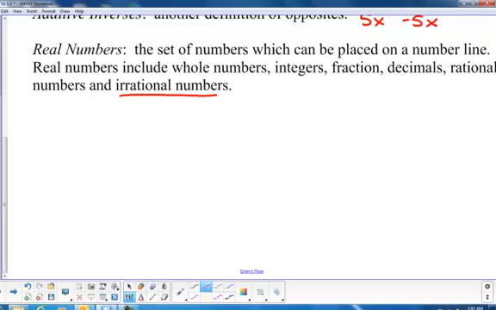We'll start with irrational numbers. An irrational number is a decimal that never stops, that never repeats. I'll go ahead and write that.